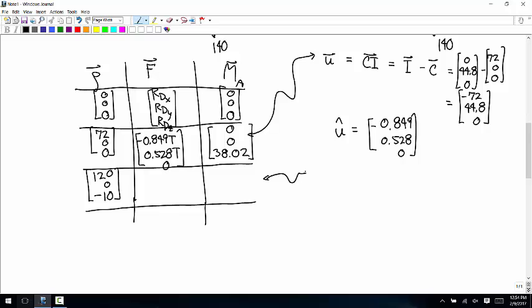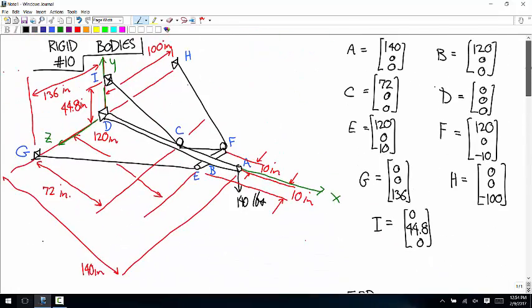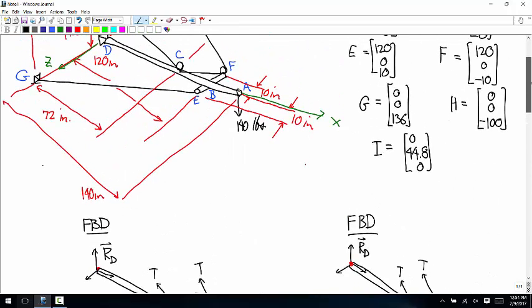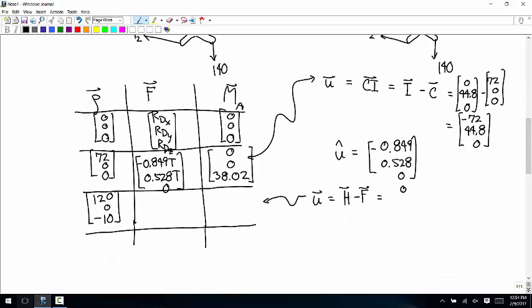For this one, the direction of the force we want goes from F to H. So we're just going to calculate that as the coordinates of H minus the coordinates of F. H is 0, 0, negative 100.